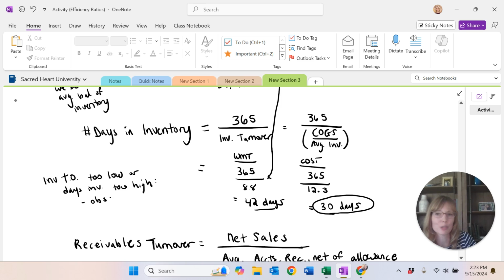We can think of computer companies, their equipment, their inventory not being sold because it becomes outdated. We can think of clothing companies, clothing going out of style and not being able to be sold. If it's a grocery store, we can think of things not becoming usable anymore, damage or waste.